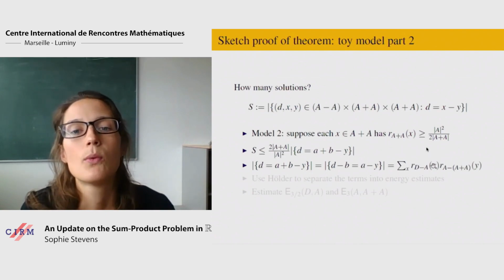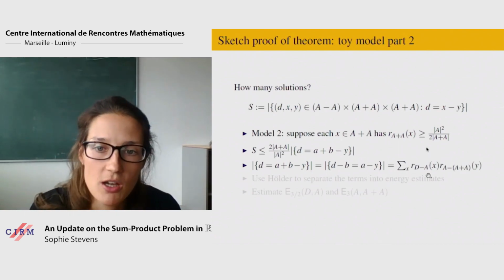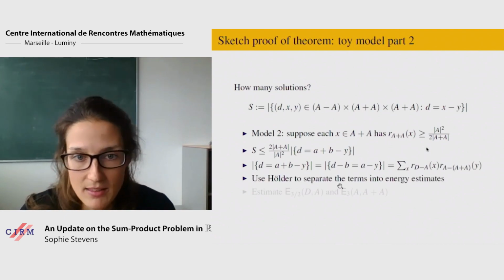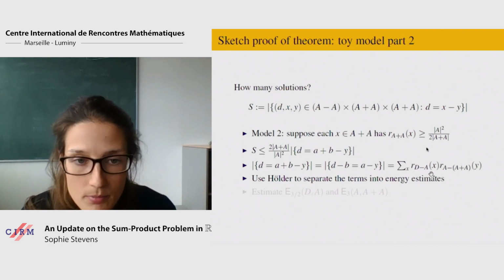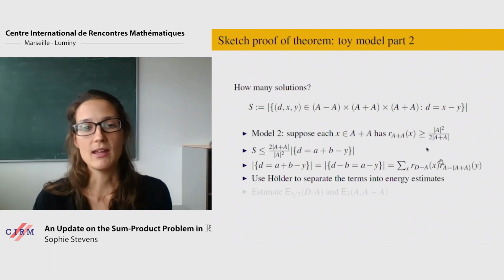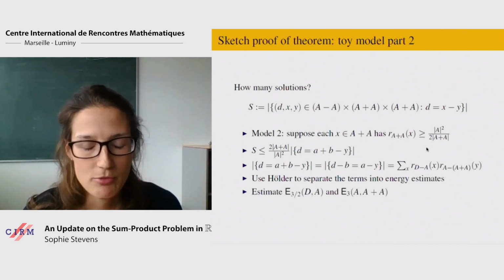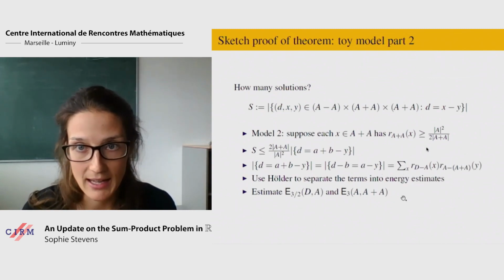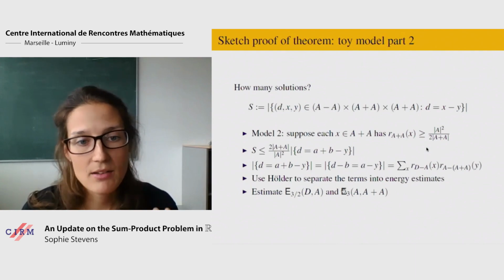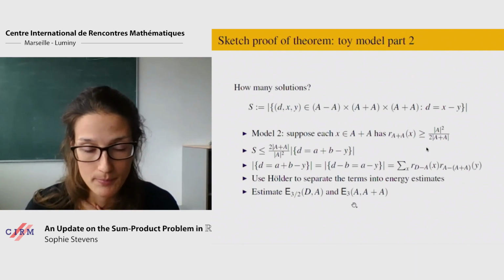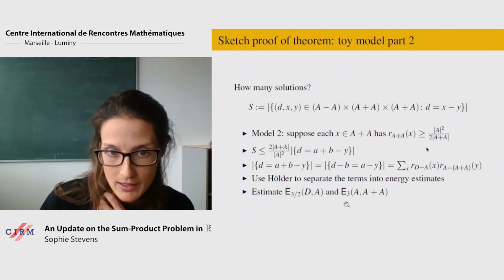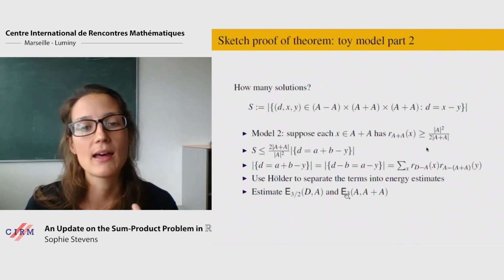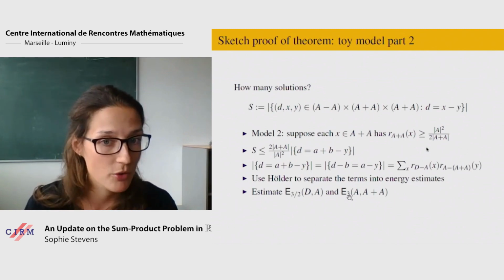And then we've now got a sum over two terms. We don't understand how they interact together, so we'll use Hölder to separate these terms into energy estimates. So then what we're left with is estimating the 3/2 energy of D and A, and the third energy of A and A plus A. Again, remember that we're very good at estimating the energy because we've got this information on A, and we're good at doing that as long as the subscript here is at most 3.